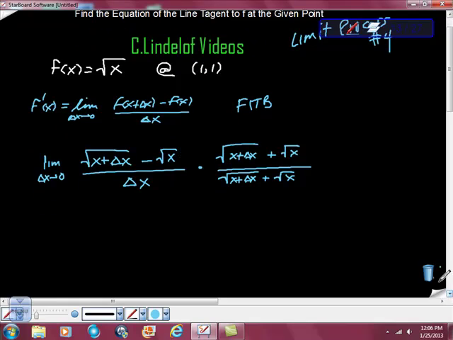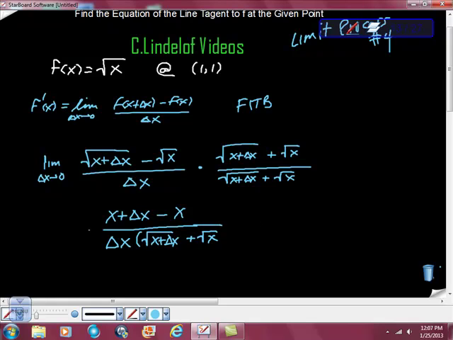So after you expand this, you're going to get x plus change in x minus x, all over, check me out for a second. This is why I said don't distribute this change in x. Square root of x plus change in x plus square root x. Remember, this is the limit as the change in x approaches 0.